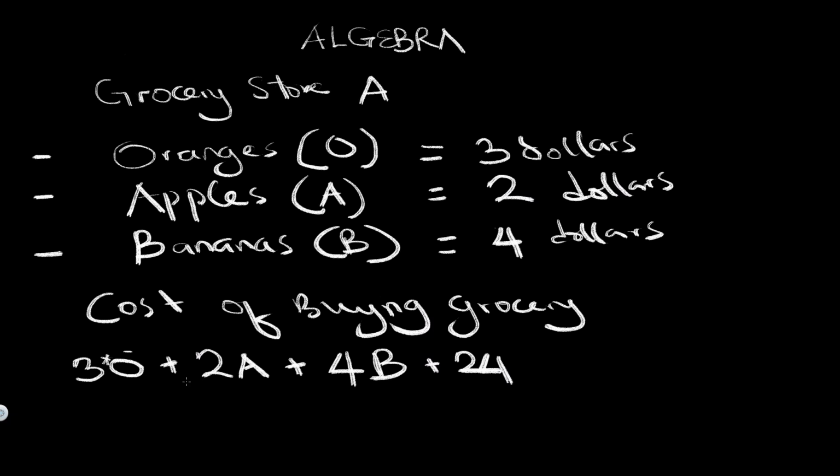Now this is an example of the application of algebra to model a certain scenario, and this could be used by this grocery store to calculate the cost that they have to incur in the purchase of these groceries on a monthly basis.